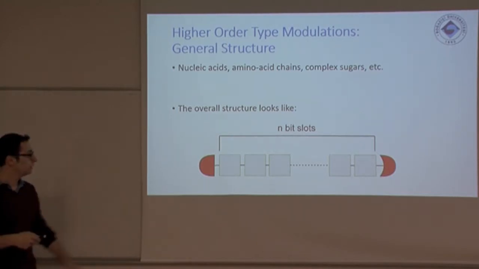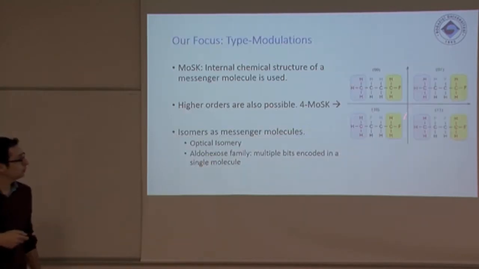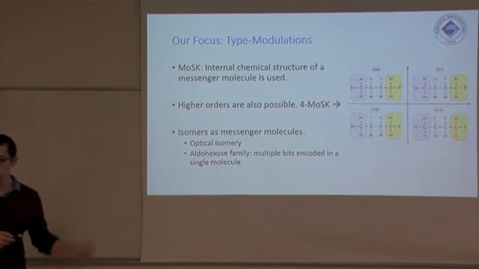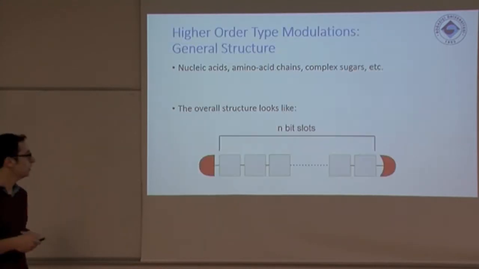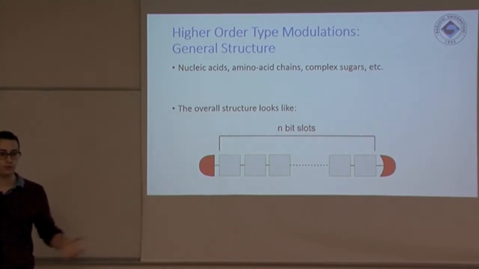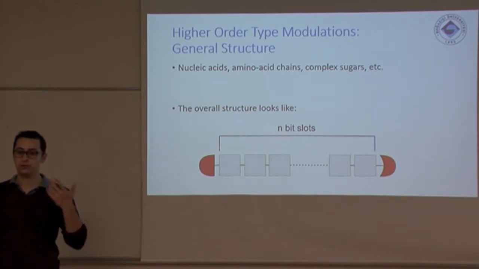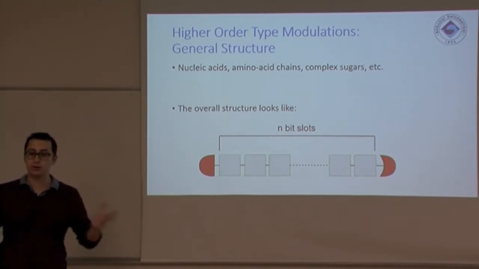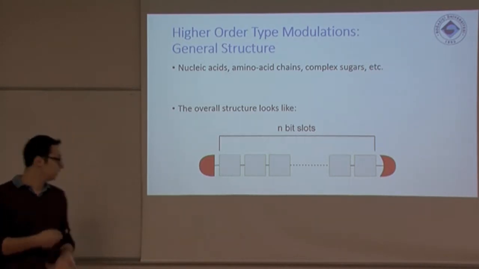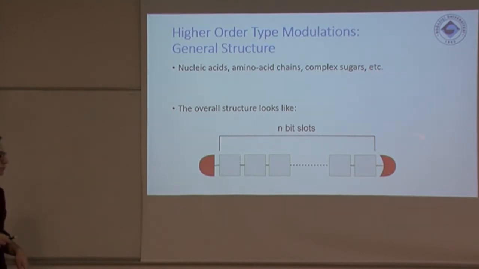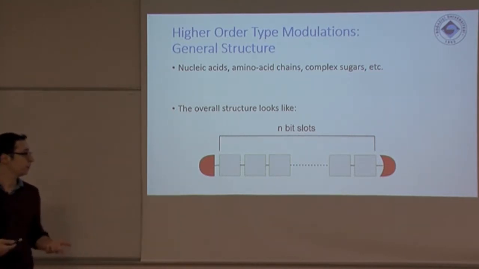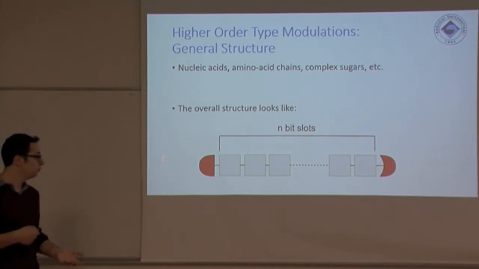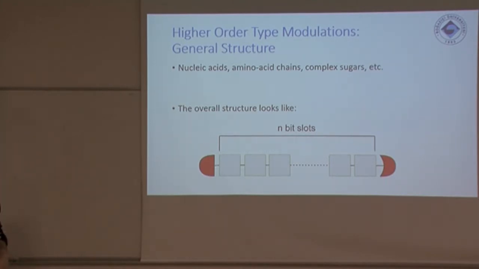These can be the hydrogen or fluorine bonds over there. These can also be nucleotides. These can also be small amino acids, what have you. Whatever biochemical molecule you can use, you can have this. So the overall structure looks like this, and we're going to look at this thing from a communications engineering perspective.